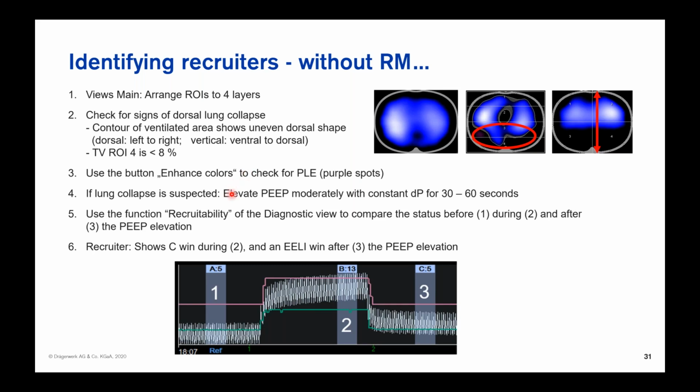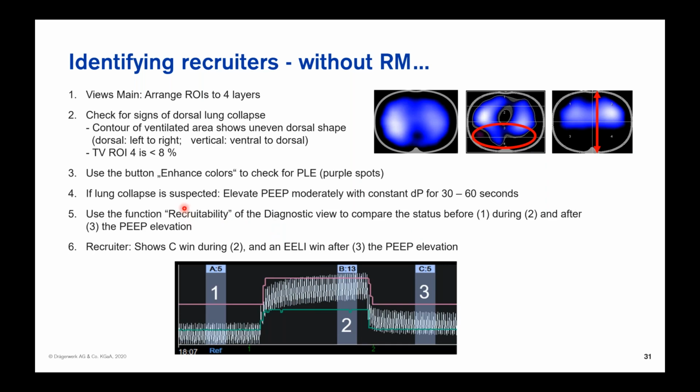And then I would propose to do a little test maneuver in those patients where you want to assess lung recruitability. That can be very easily done by just elevating the PEEP moderately, let's say by 5 centimeters of water, for a time period of 30 to 60 seconds.